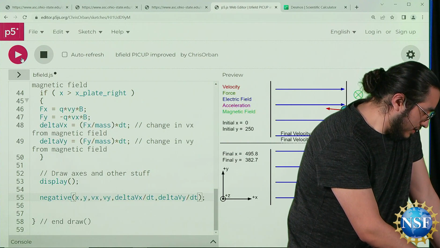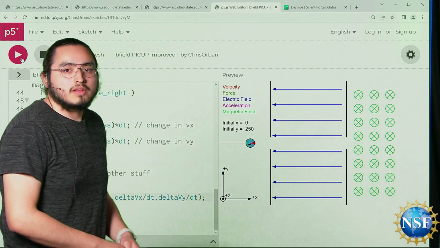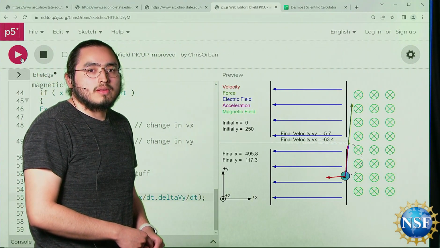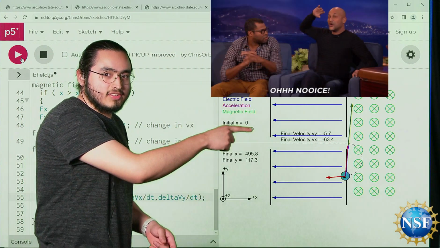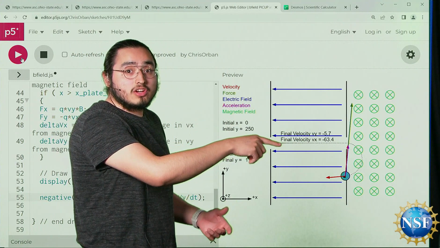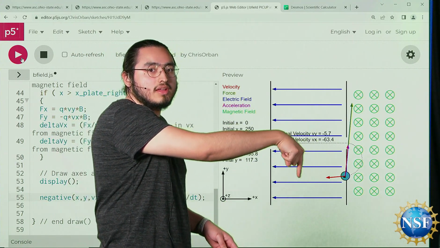Now we'll run this, and let's find out what happens. Oh, nice. So now our particle, given a negative charge but also given a negative electric field, goes down.